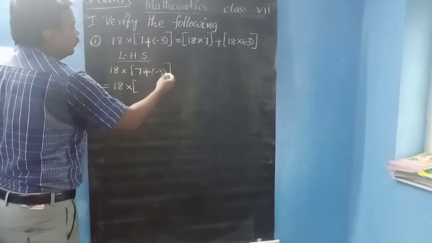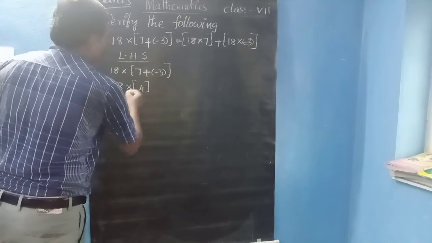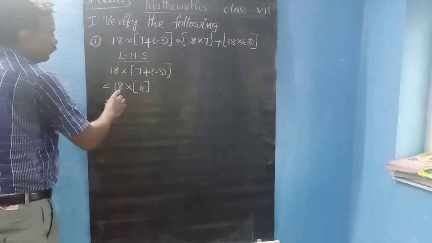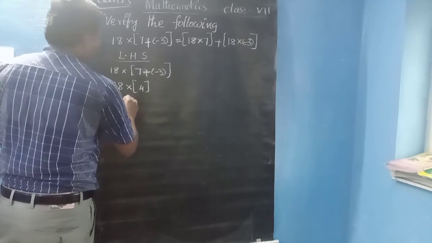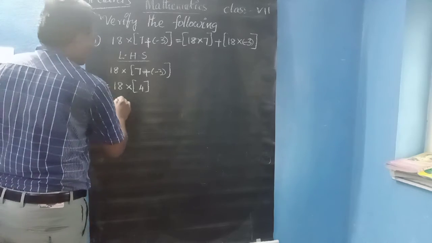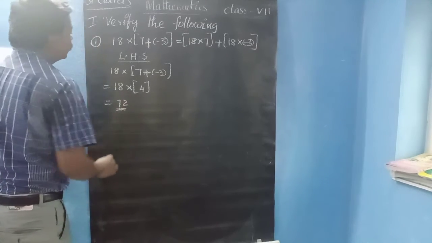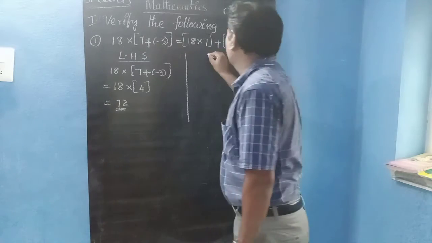How much is 7 minus 3? 4. So multiply 18 into 4: 8 4's are 32, 4 1's are 4, 4 plus 3, 7. We got LHS 72.